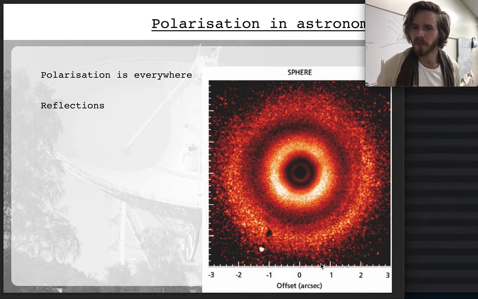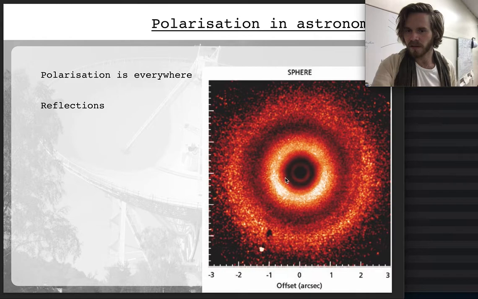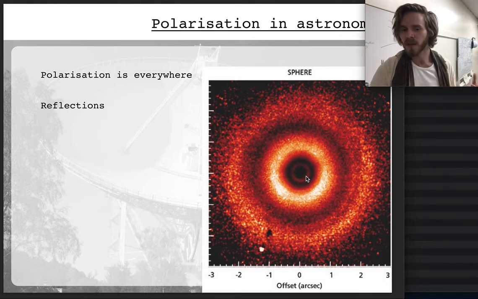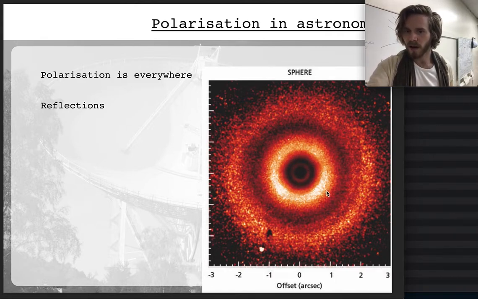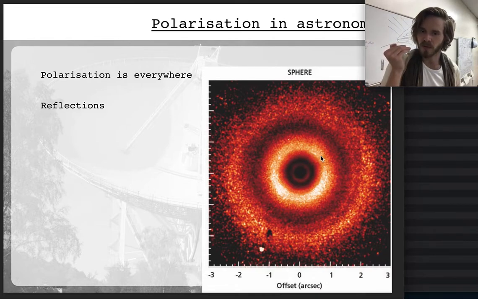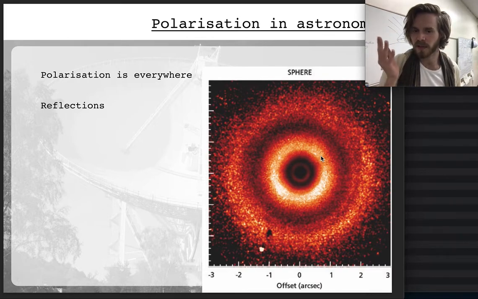So if you wanted to block out the light from the sun, or the light from the star in this case, which is unpolarized, then you can choose to look only in polarized light. So then you only see reflections, okay? So in this case, what you're seeing is light that's reflecting off dust around the protostar, and then after reflecting off the dust is coming towards you, and you can observe it by selecting to observe only in polarized light.